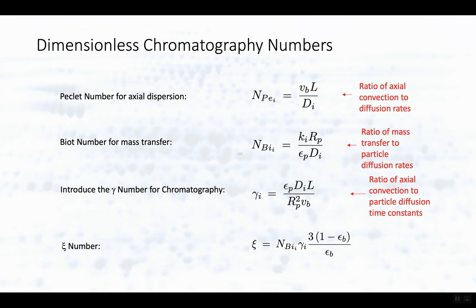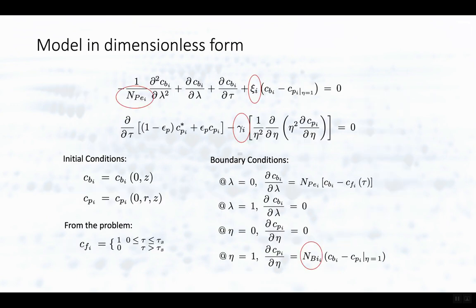One of the things I want to go back to, however, is that in this model we have this axial diffusion term. We didn't drop it out of this model. We dropped it out of the capillary chromatography model because we said R was much less than L. Therefore, R over L squared is a tiny number. Well, if the Peclet number is large, 1 over the Peclet number makes this term negligible compared to everything else.